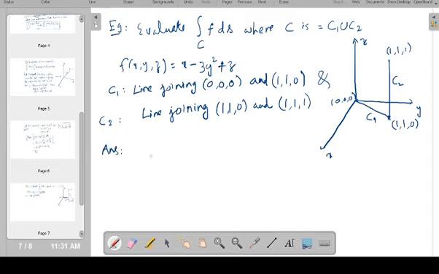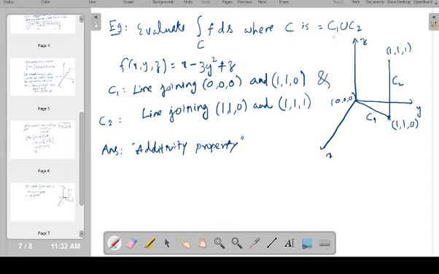we have the additivity property. So what is the additivity property of line integrals? If a contour C is made up of non-overlapping contours C1, C2, etc. Cn, then integral over C is equal to integral over C1 plus integral over C2 plus etc. plus integral over Cn.